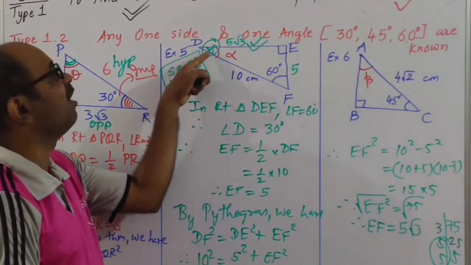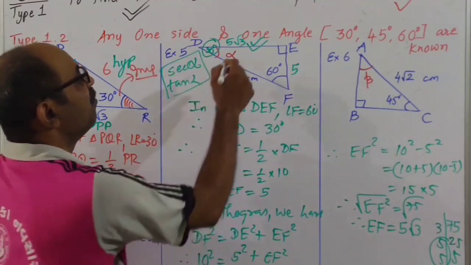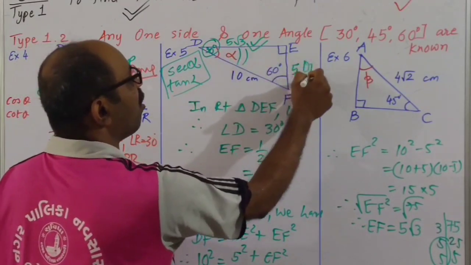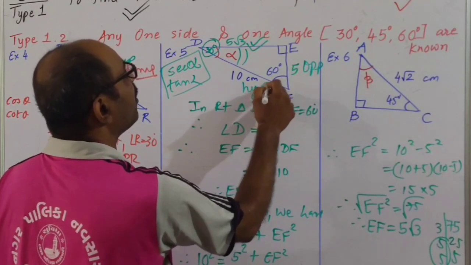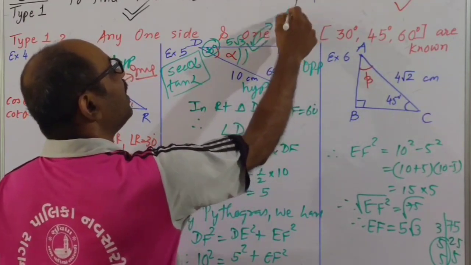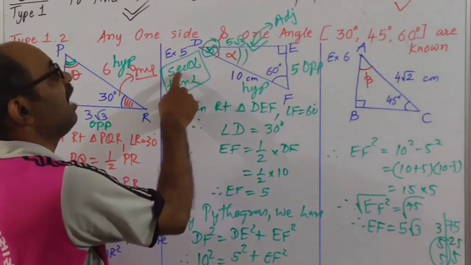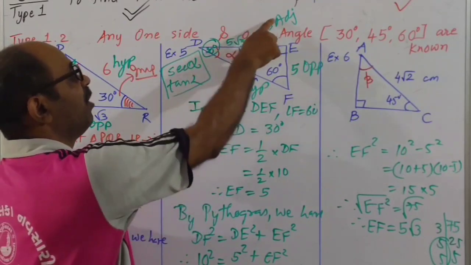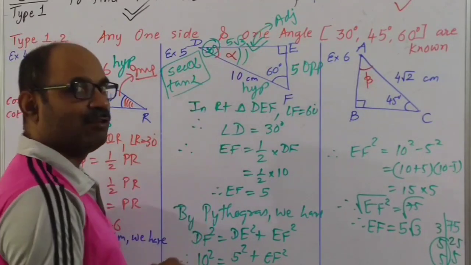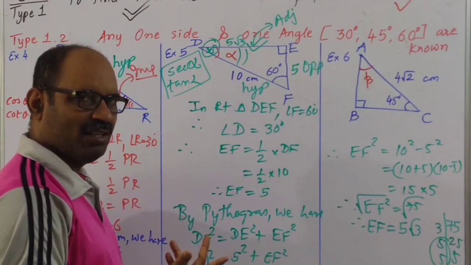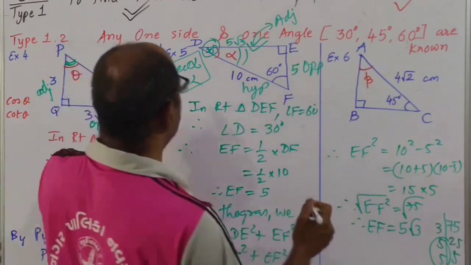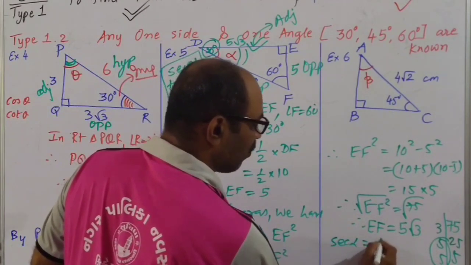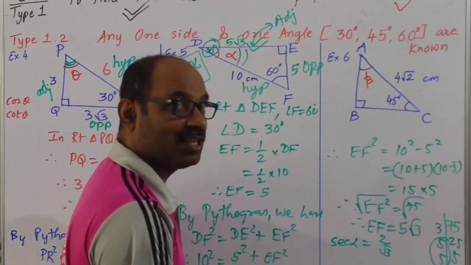Now sec alpha. With respect to this alpha, this is the opposite side, this is the hypotenuse, and this is going to be the adjacent side. So sec alpha is hypotenuse upon adjacent. So 10 upon 5 root 3, that is 2 upon root 3. Sec alpha is equal to 2 upon root 3 after cancellation.